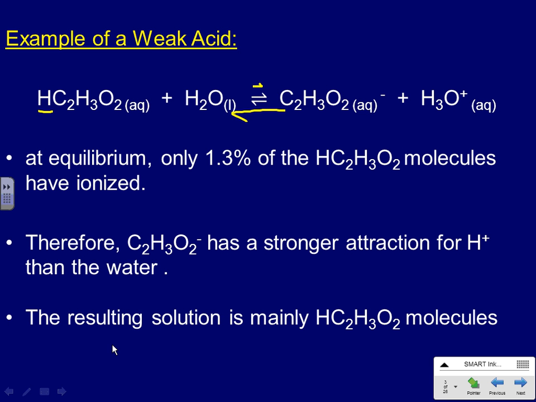It means that there's a lot of acetic acid molecules that exist in the water, and very few of them exist as acetate. It sits to the left.